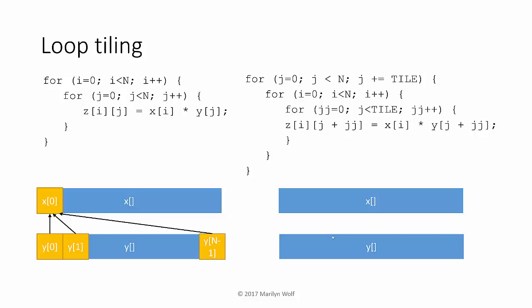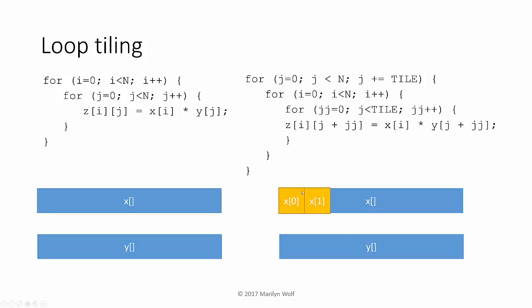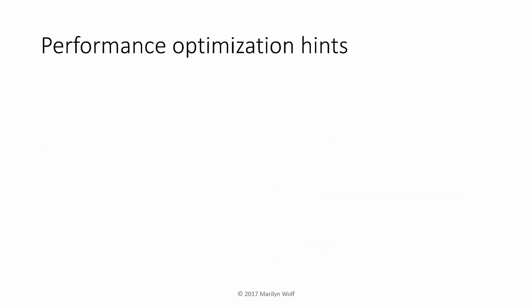On the right-hand side loop, we've added an extra loop with a new induction variable so that we can use a small number of x values and compute with them a small number of y values. So we bring those y values into the cache once, we use them several times, and then we go on to the next element.